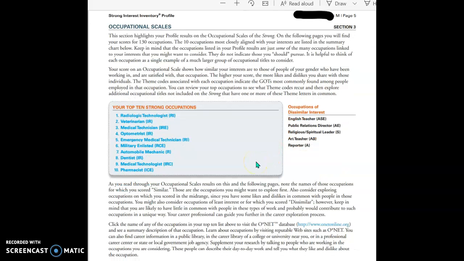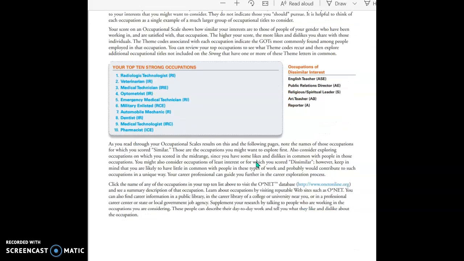The really interesting point about this page is that each of these 10 occupations is actually a link, which will connect you to a very useful website, which I would encourage you to become very familiar with and refer to often.